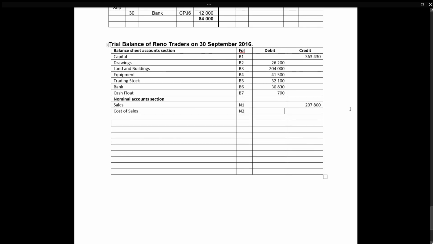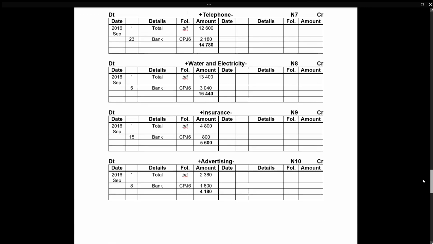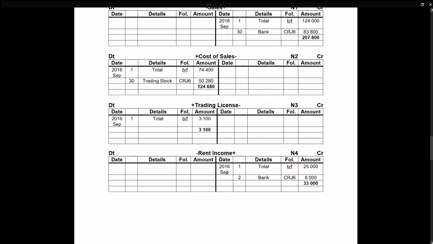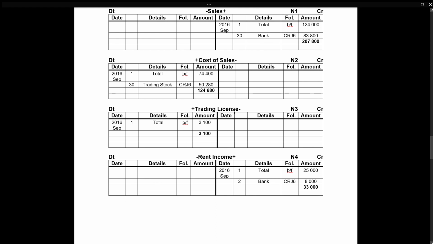Right, debit total 124,680 Rand. Next one, we had rent income. Rent income will be N3. Oh, I forgot about trading license. Sorry, trading license N3, 3,100 Rand.